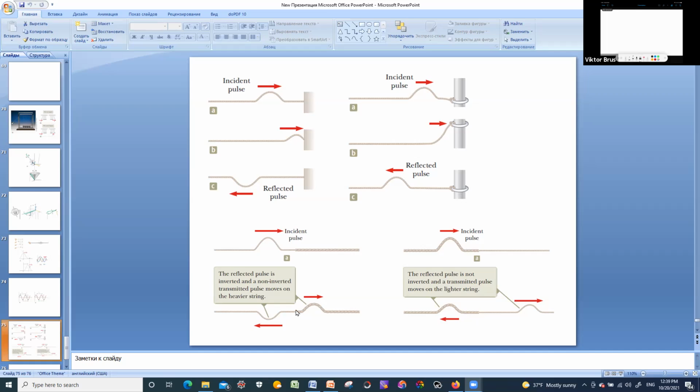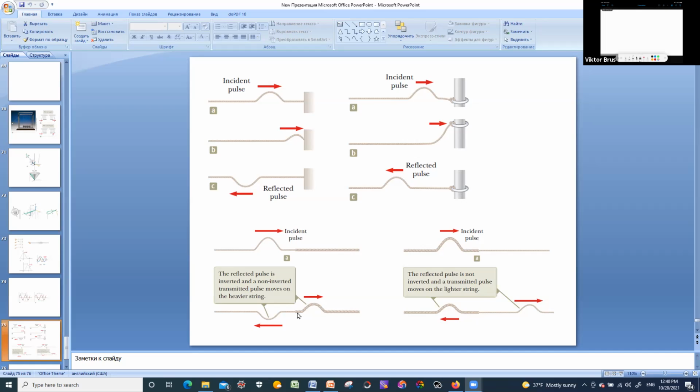And at the interface, when our initial incident pulse is moving from the side of the thin string, the reflected pulse is moving backwards in the thin string with opposite phase, similar to the case when we have a firmly fixed end of the rope.